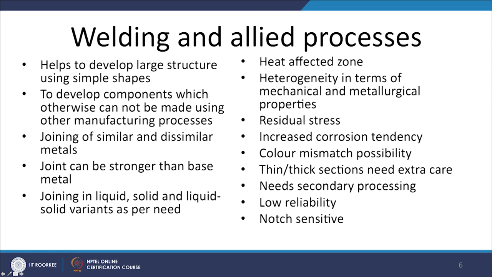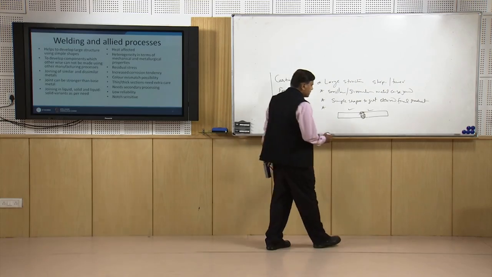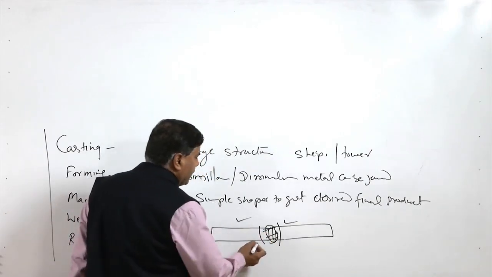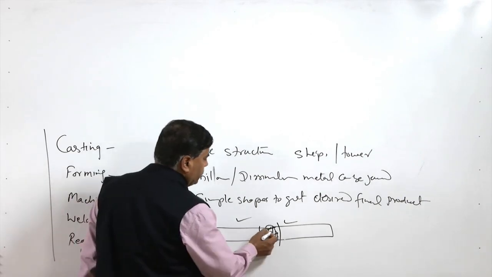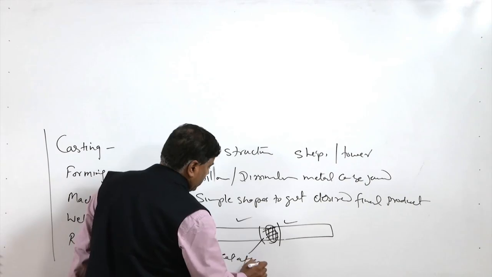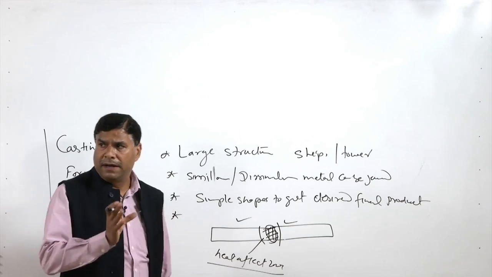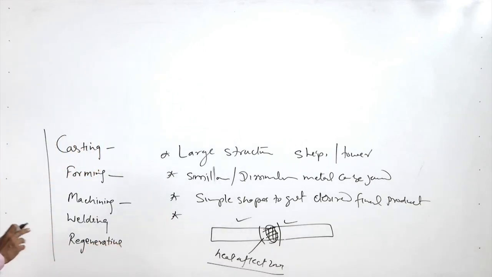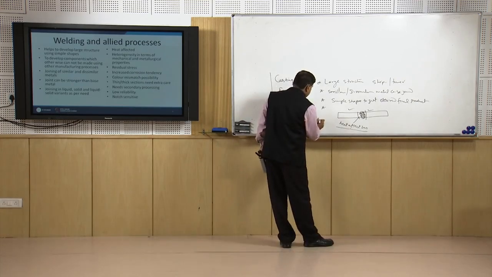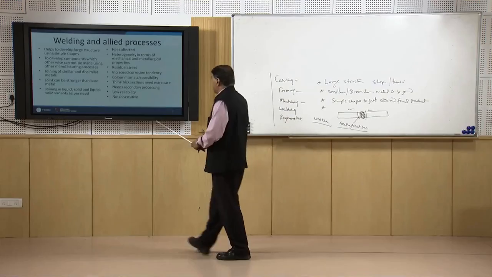As far as the negative aspects are concerned, especially when we use the deformation based processes or the fusion based processes, we find a region next to the weld joint which is called the heat affected zone. This heat affected zone has a different microstructure and different mechanical properties, and therefore sometimes it becomes the source of weakness in the joint, so it must be taken care of.